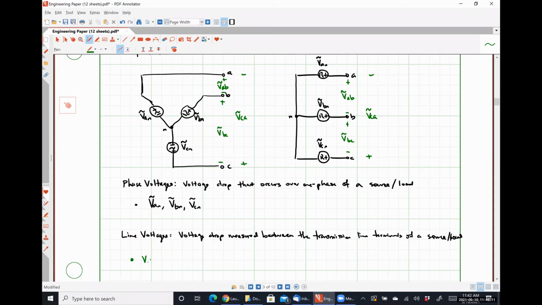So our line voltages are VAB, VBC, and VCA. All right.